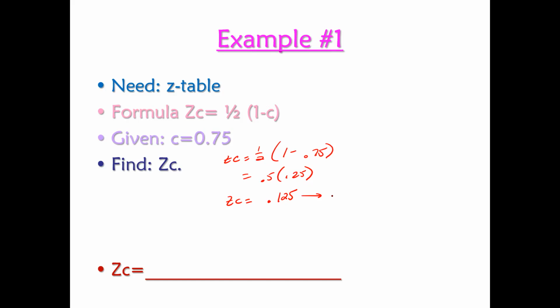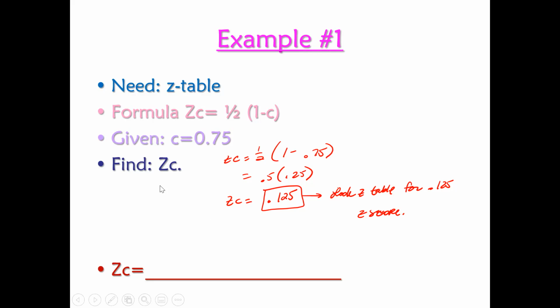Now, what you're going to do with this is look at the Z table for 0.125, and then you can find the Z score. So let's go ahead and do that. On the Z table, you're going to look at 0.125, and then from there, you will be able to find the Z score.